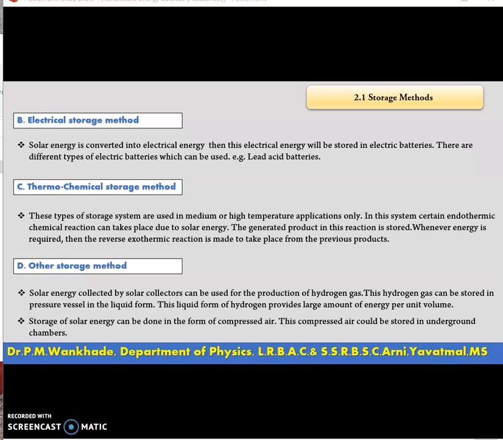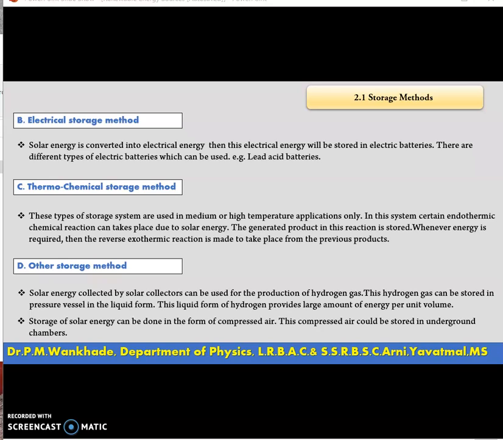The examples of this include pairs of materials such as silica gel water, magnesium sulfate water, lithium bromide water, lithium chloride water. These are the examples of thermochemical storage methods.